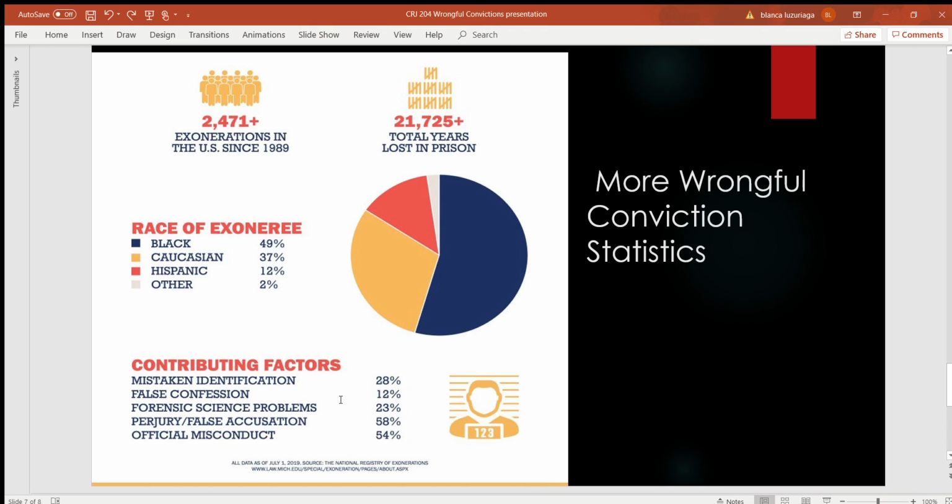And then second is Caucasian, and then third is Hispanic. The contributing factors to their wrongful convictions have been false confession, mistaken identity, problems with forensic scientists, perjury, or official misconduct, which is corruption.